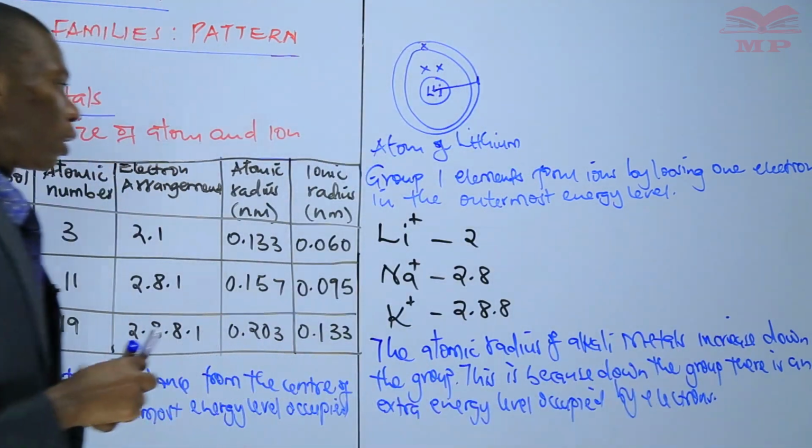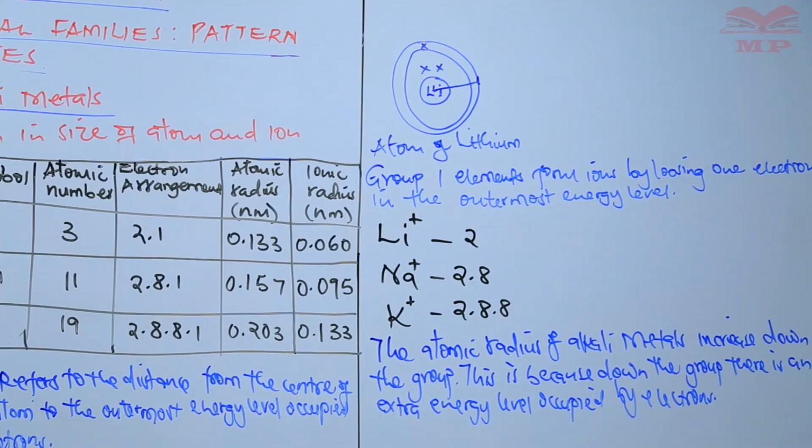This is because down the group, there is an extra energy level occupied by the electrons.